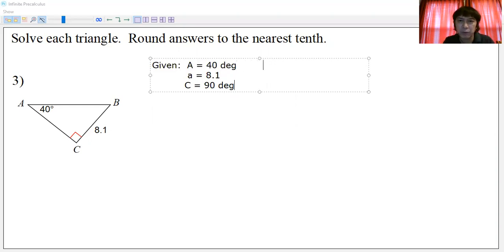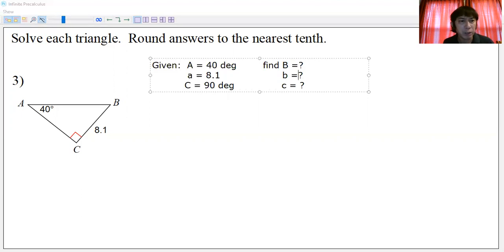We're supposed to find angle B, they're capitalized. What else? We're supposed to find side B, the small b. And we're looking also for side small c, the hypotenuse. Now, if you're not familiar with these small letters, big letters, we can use the vertices of the triangle.